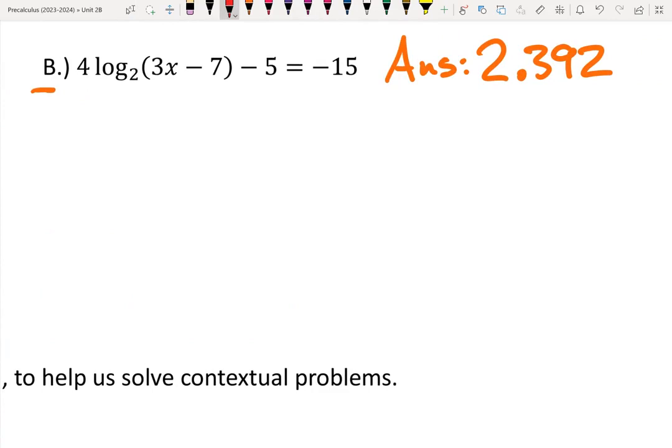So this one, we want to get the logarithmic term by itself. Orlando, what would I do to get that log by itself? Definitely. Let me change that.